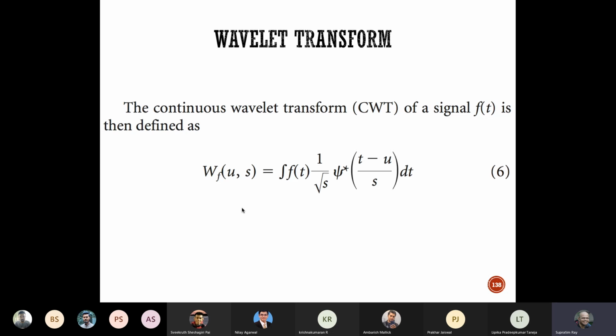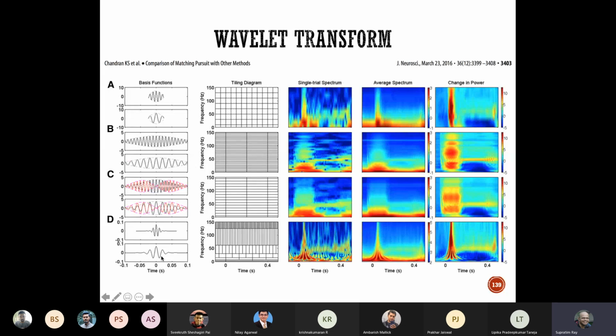And then we also talked about the wavelet transform very briefly, in which a single function called a wavelet is squished or stretched to generate your entire set of basis functions, and then the signal is just projected on these basis functions. Okay, so projection means taking an inner product. So when I say I project the signal on a basis function, it means I'm taking an inner product.